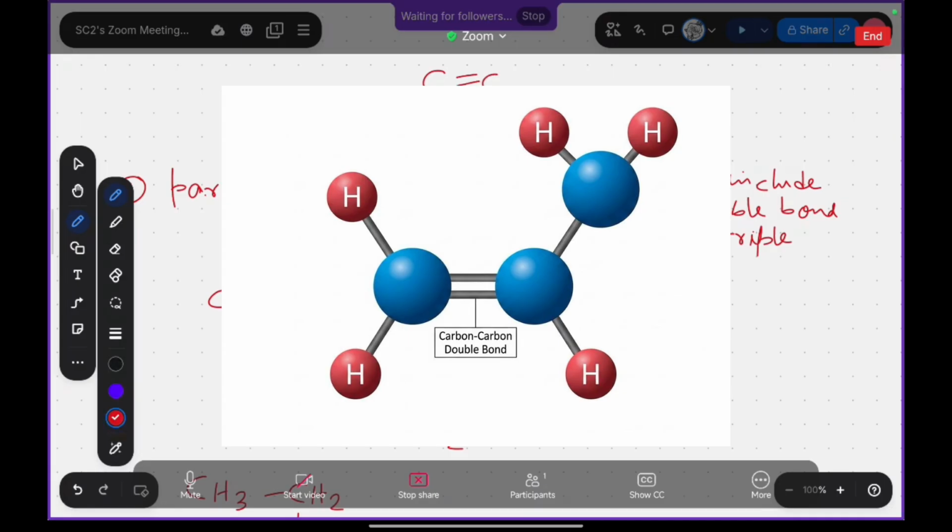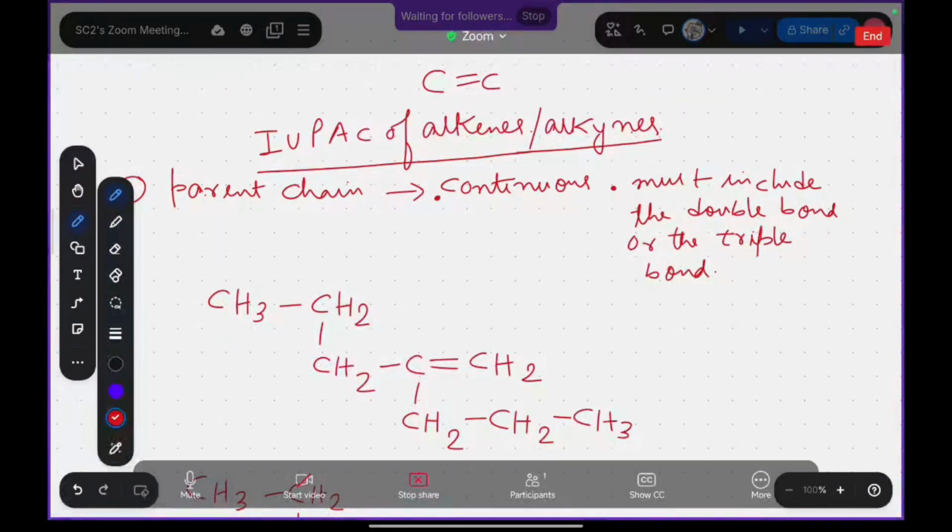Any hydrocarbon which contains a carbon-carbon double bond in it, at least one. If it is more than one, then also it is called alkene.